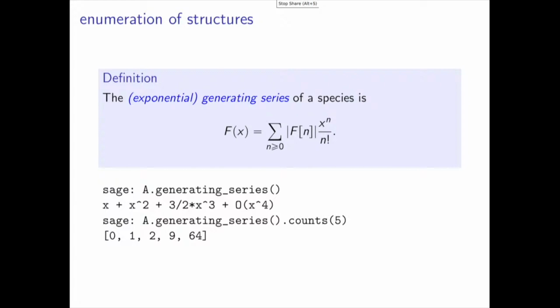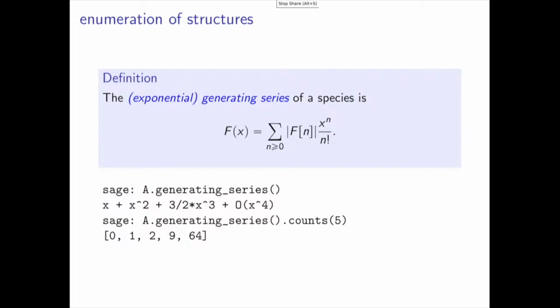The exponential generating series of a species just counts the number of structures for each size. I used short notation: if I use square brackets n, I usually mean the set of labels is 1 up to n. I shouldn't have done this.